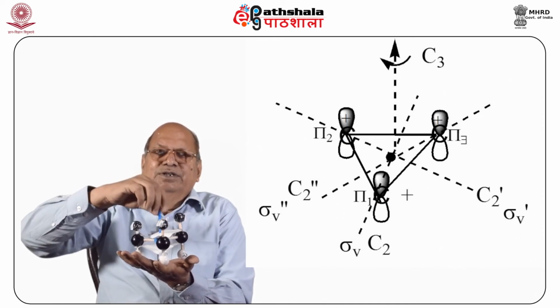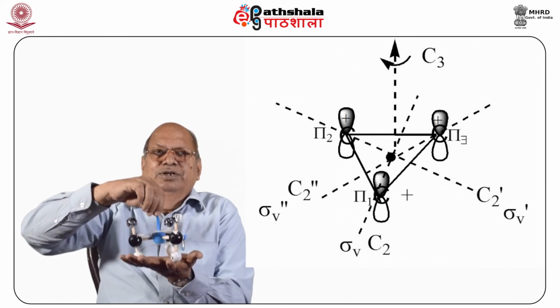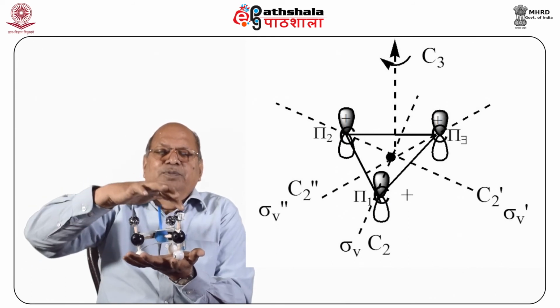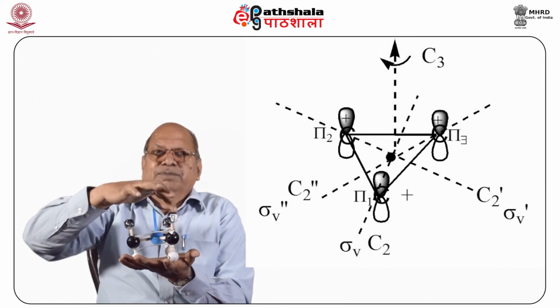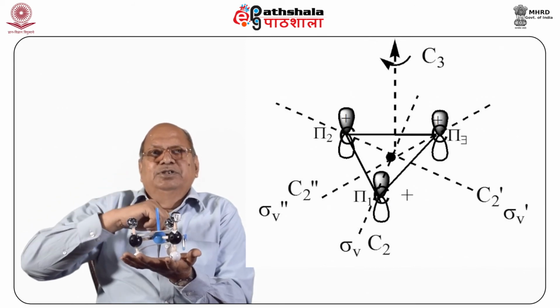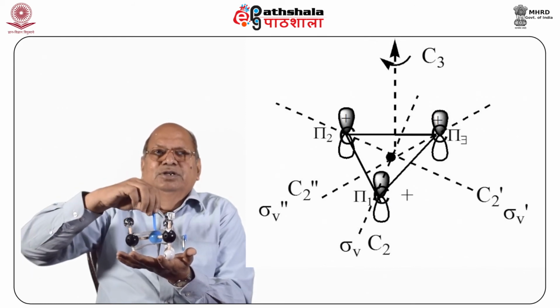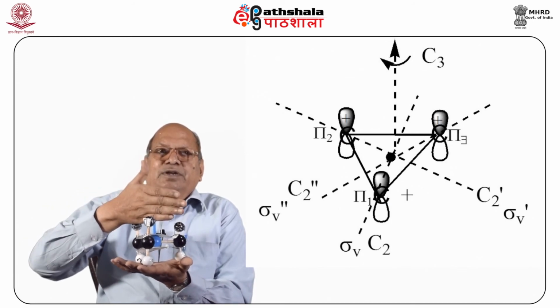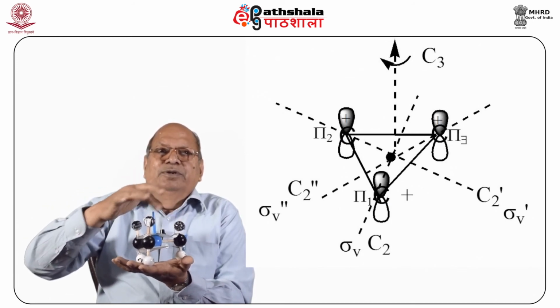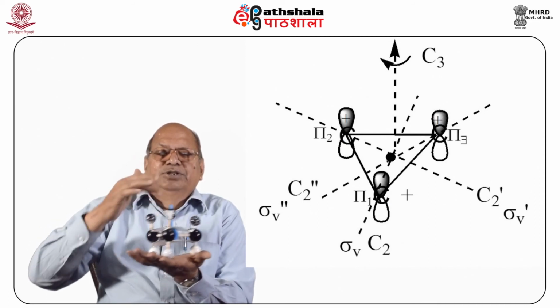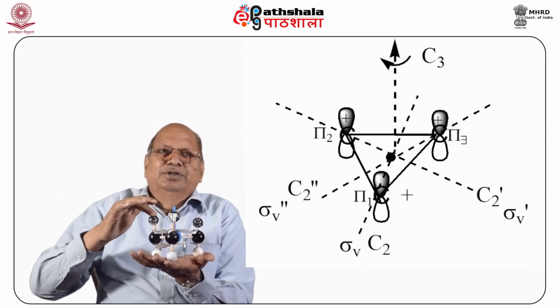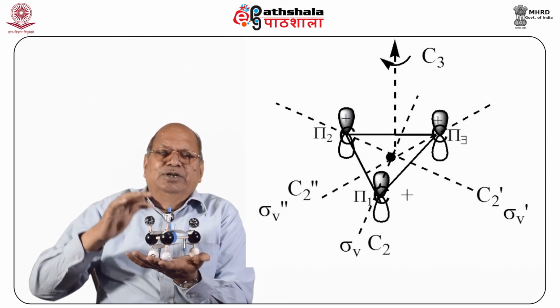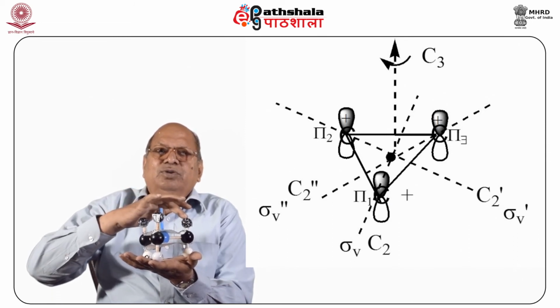What happens after giving this rotation? I find all the p orbitals are shifted. So the contribution by these p orbitals when they are shifted is 0. If I take this sigma v, these two pi orbitals are shifted, only this pi orbital is not shifted. So it will contribute +1 and the others will contribute 0.